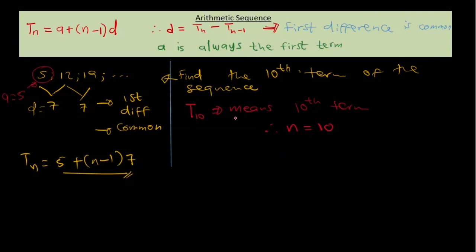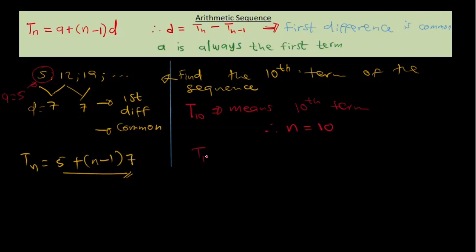So, if you want to find the 10th term of this sequence, the first thing that you need to do is to define the nth term equation. You need to get the value of A and the value of D, right? We have defined our nth term equation.